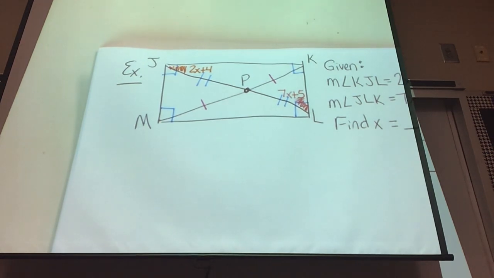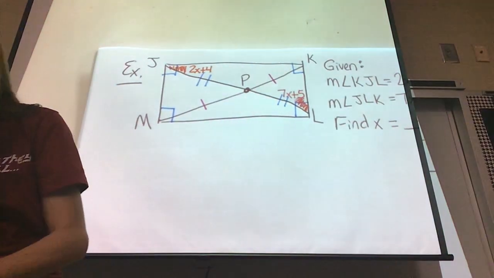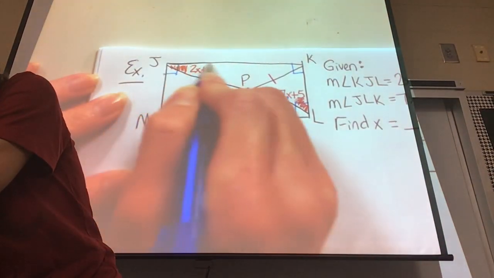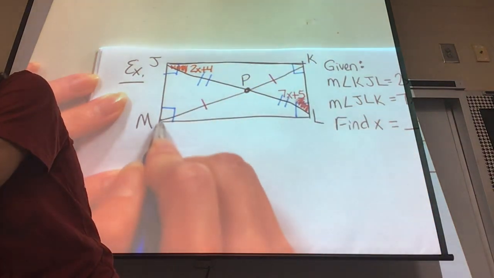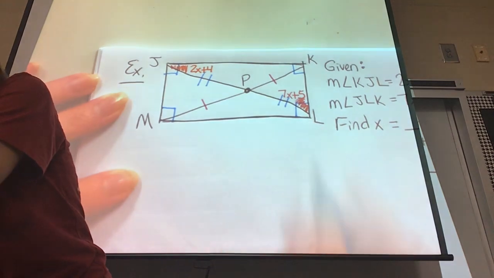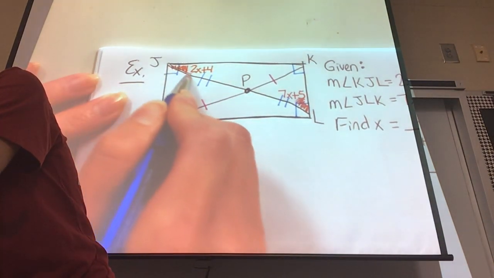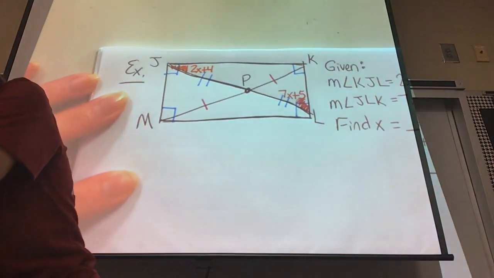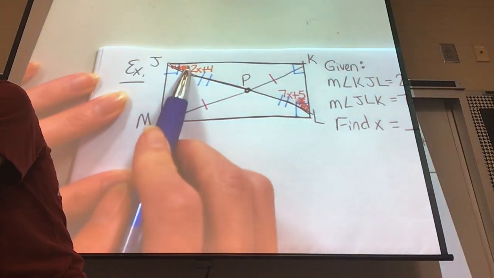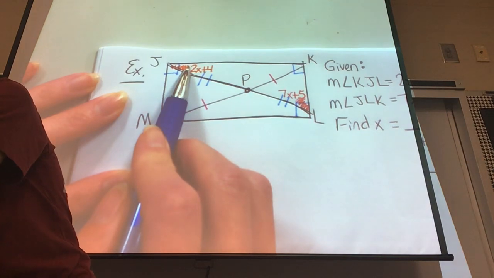Now, what you might need to do is think back to when we did the lessons before where we talked about the parallel lines cut by the transversals, and we had to name all the angles, like alternate interior and alternate exterior. If you have this line up here that's parallel to this one, which we know is true, and it's cut by this transversal, this angle is congruent to what angle?